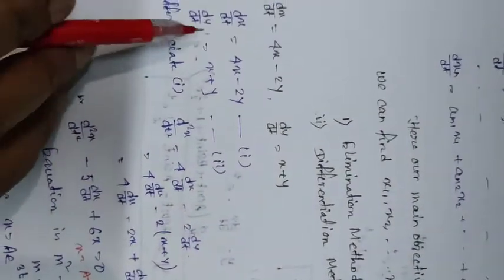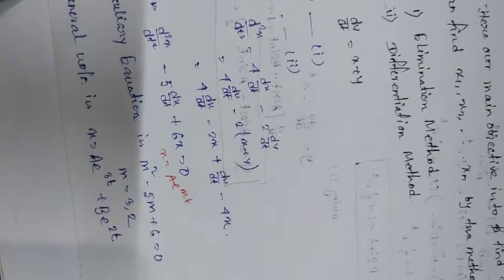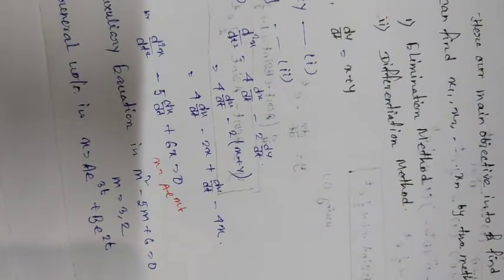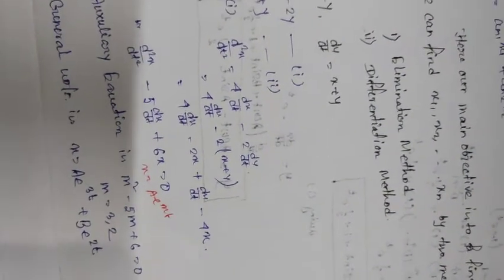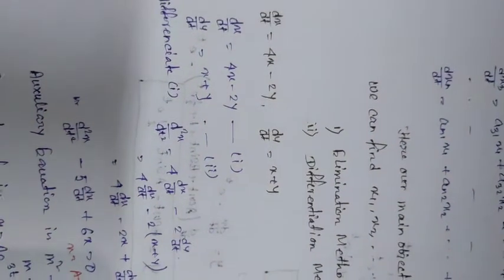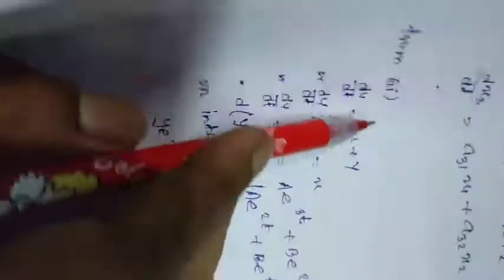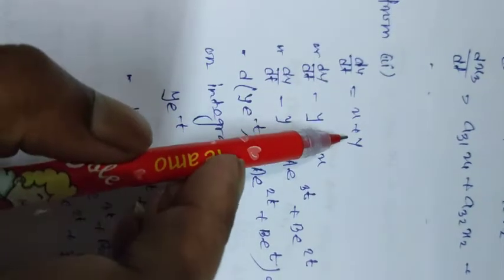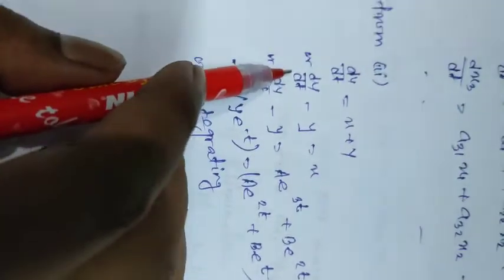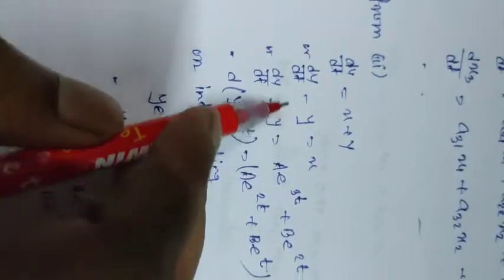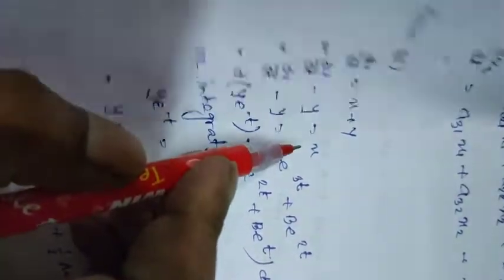We have dy/dt is equal to x plus y, and x is equal to a e to the power 3t plus b e to the power 2t. Now if we put the value of x in 2, what do we get? From 2 we can write dy/dt minus y is equal to x.